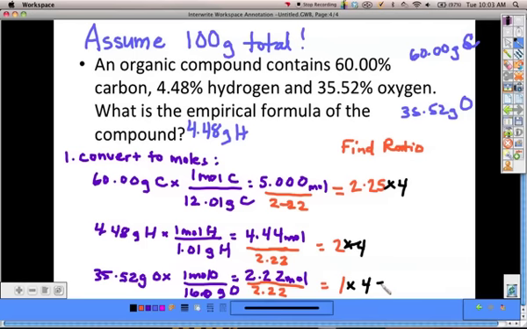So I get 4 for my oxygen and 8 for my hydrogen and 9 for my carbon. So I can write out my final formula as C9H8O4.